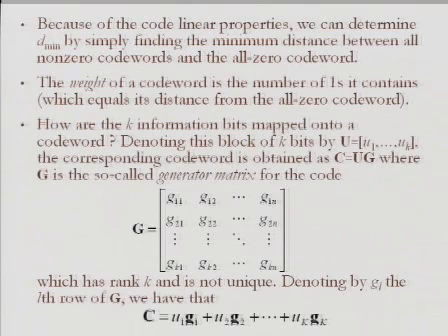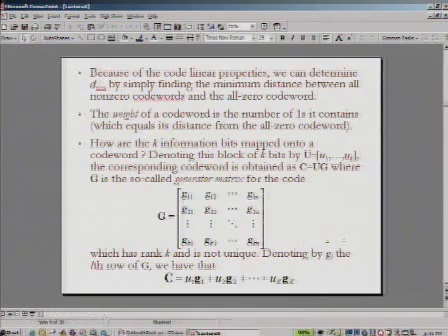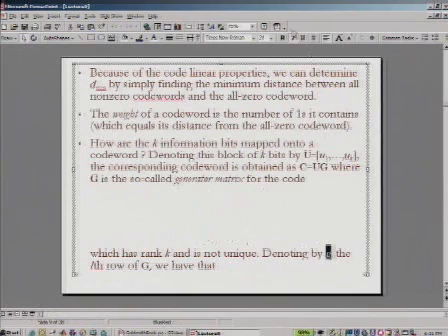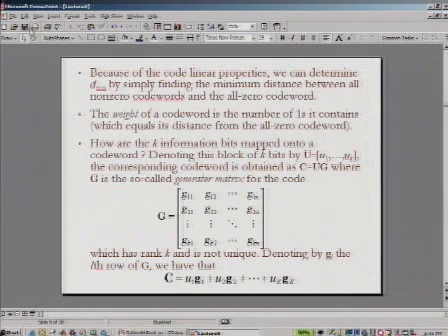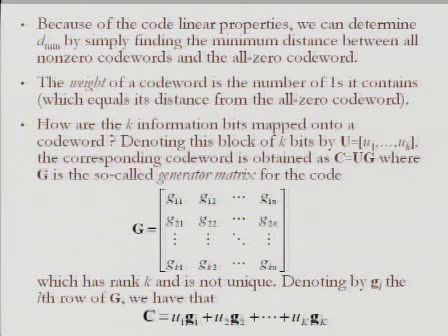Now let's denote the rows of G by G sub L. So boldface G1 is the first row, and boldface G2 is the second row, and so on and so forth.